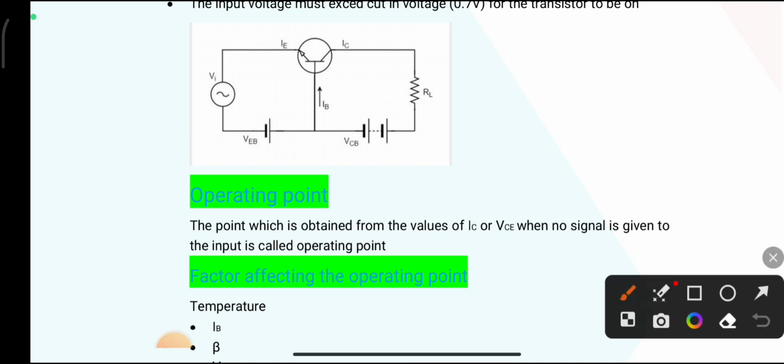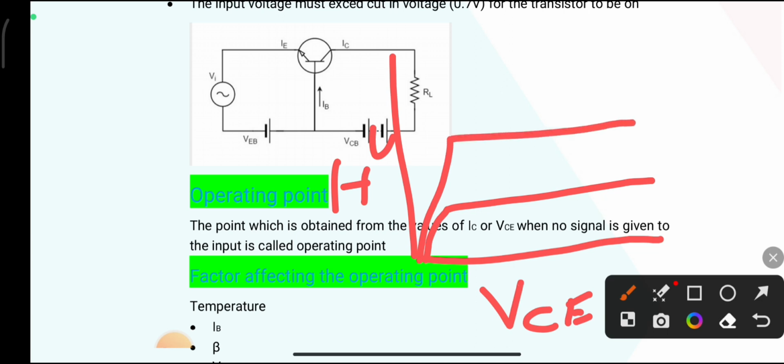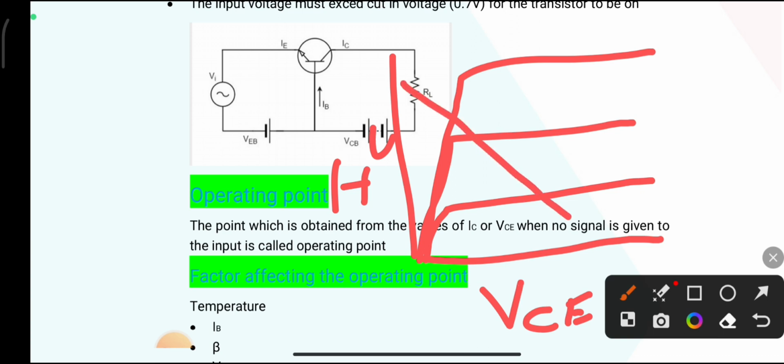The DC load line is like this. Along the x-axis is VCE and along the y-axis is IC. This is the output characteristics of a transistor. Here IC varies linearly with VCE, so in the graph between IC and VCE we get a straight line. This is called the DC load line.